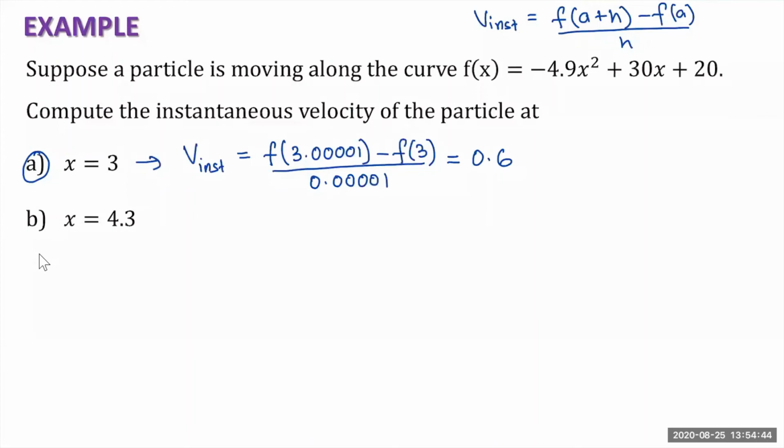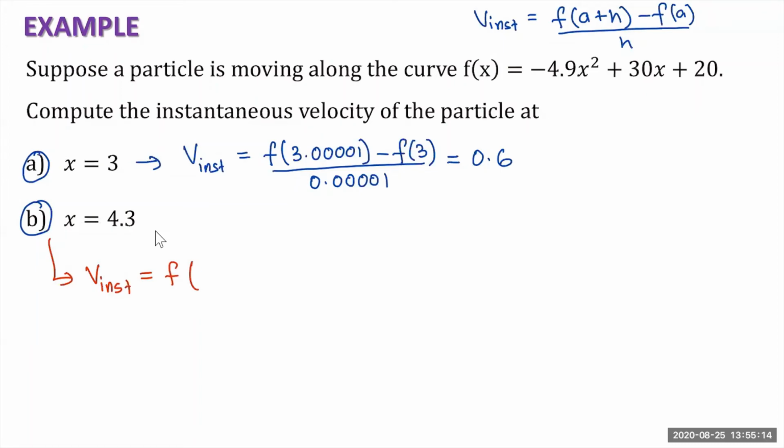Now part B, we have to find the instantaneous velocity again. So we write V sub inst for instantaneous velocity. We need f of a plus h. In place of a, we have 4.3. So f of 4.3. You can also do this in your calculator if you don't know exactly what you'll get.